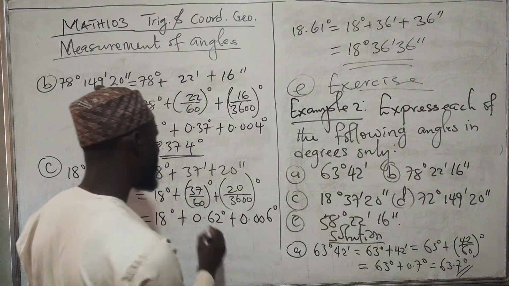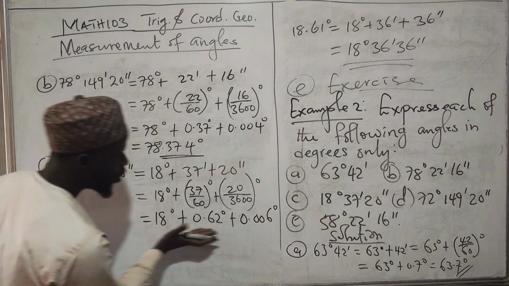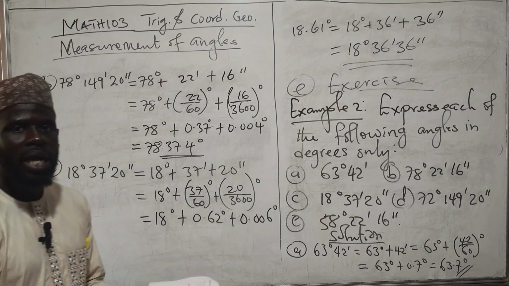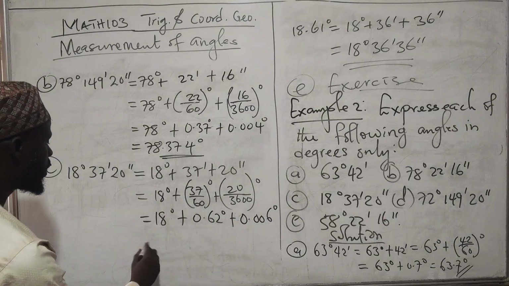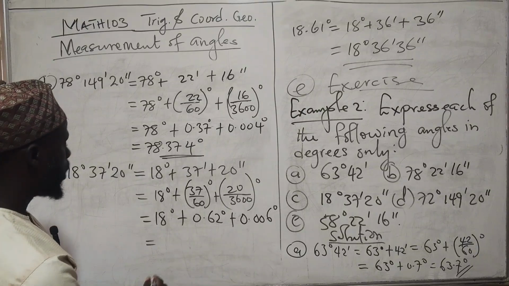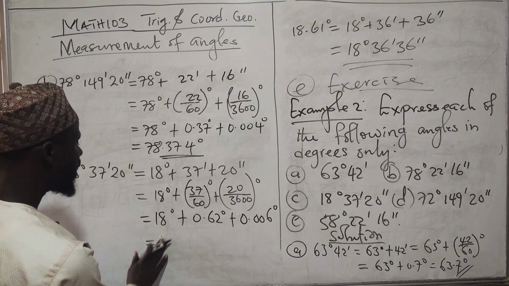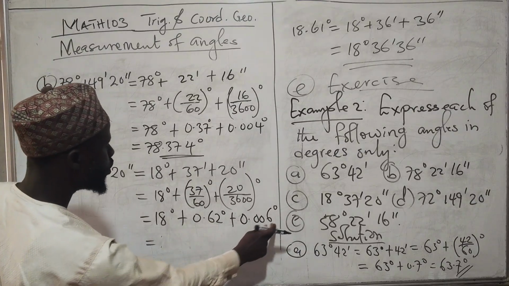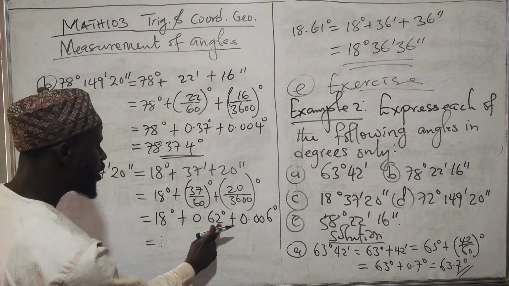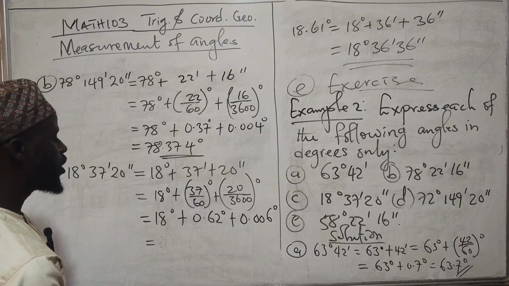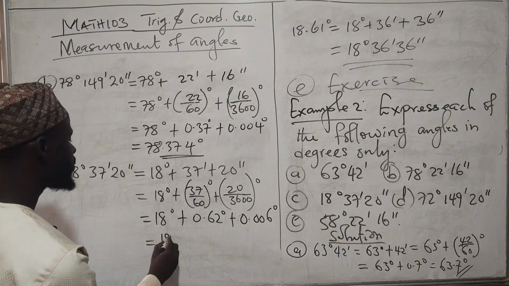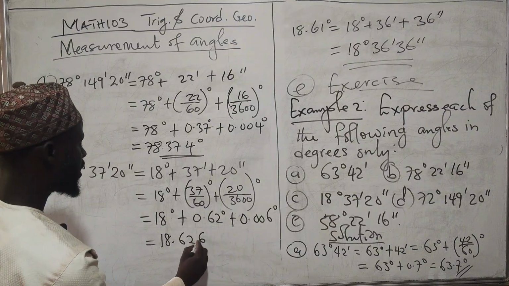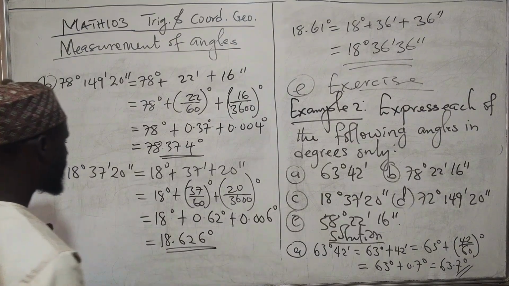Now, all parts of the angles are in degrees. You can freely add them using your own tool. So you have 18 plus 0.62 plus 0.006. So you have 18.626 degrees. That is the final conversion.